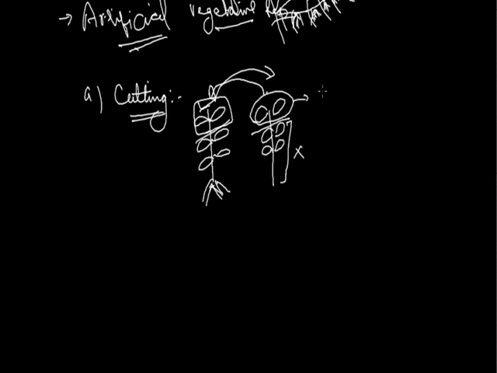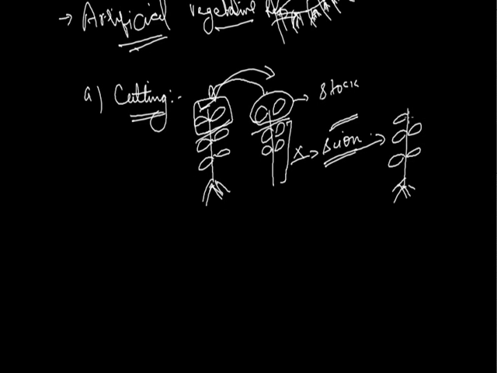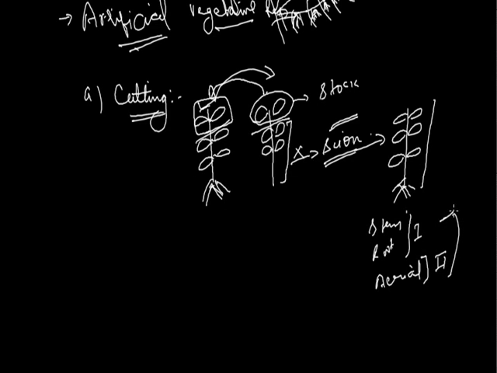This part is known as the stock, and this is known as the scion. So this is what will happen. A third type of plant will be produced, and this plant has the stem and root part of the first plant, and the aerial part, that is the flower part, of the second plant, and both parts are very good in function.